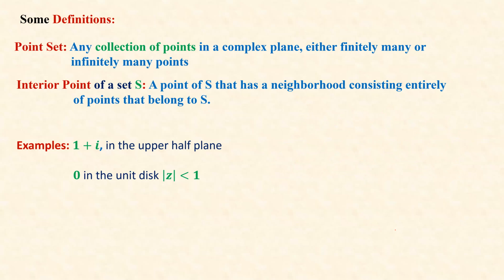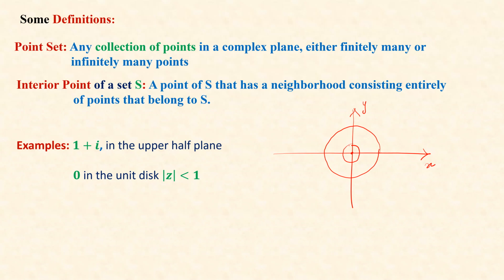Another one is 0 in the unit disk, absolute value of z less than 1. Again, absolute value of z less than 1 is the unit disk here. There are points inside this unit circle, and 0 is there.